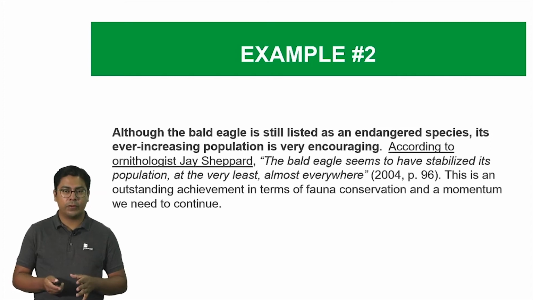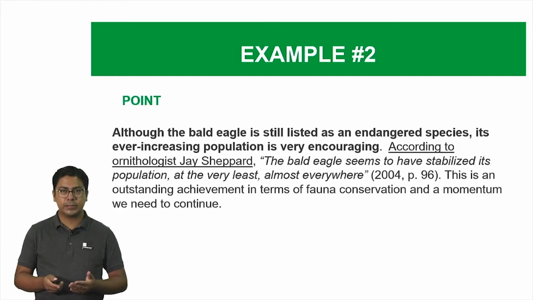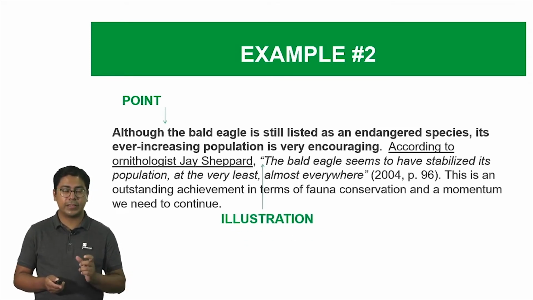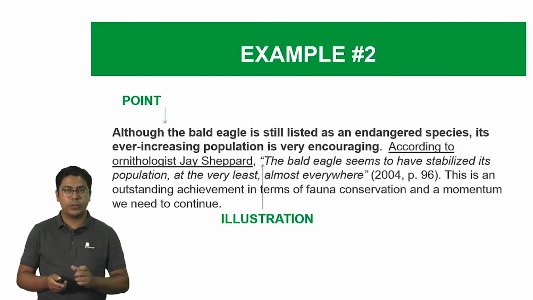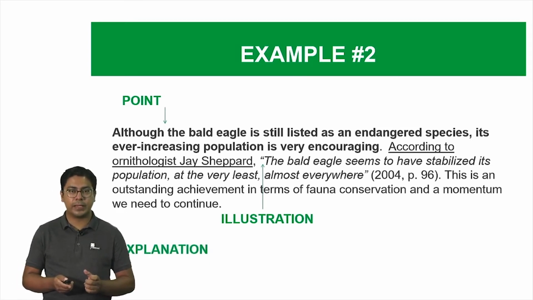In this second paragraph, we are going to introduce two more elements. We still see our point, which is the very first sentence, the one that you see in bold. Then we have our illustration, and in this case, it's a direct quote from the outside source, and the last sentence, which is my explanation.